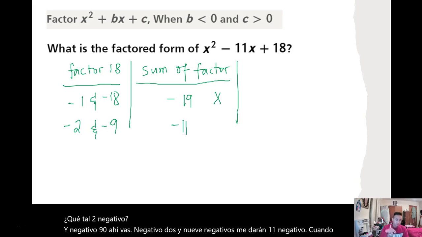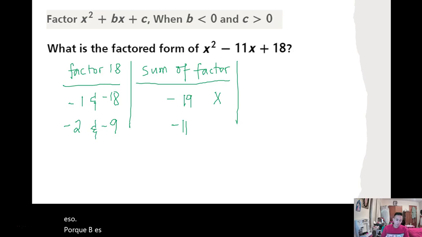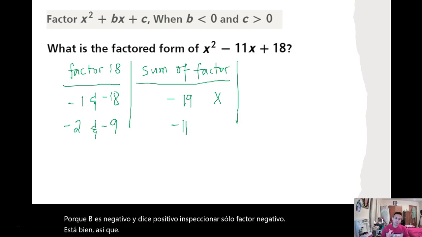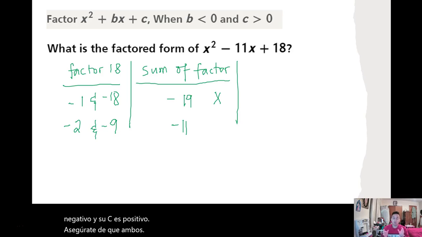Because b is negative and c is positive, inspect only negative factors. Again, I'll repeat that. On a given trinomial, if the value of b is negative and c is positive, make sure that both factors are negative.